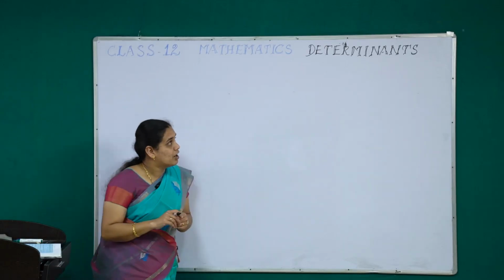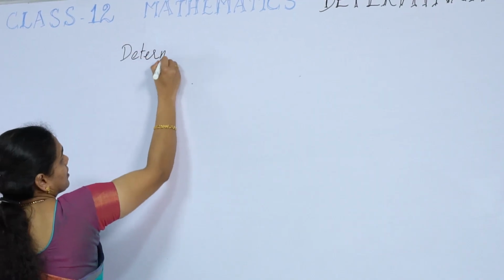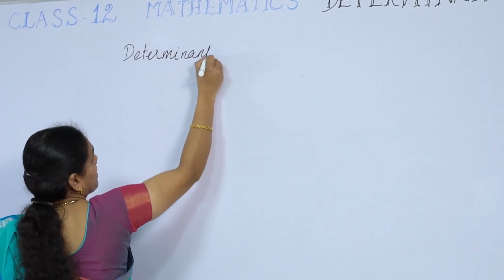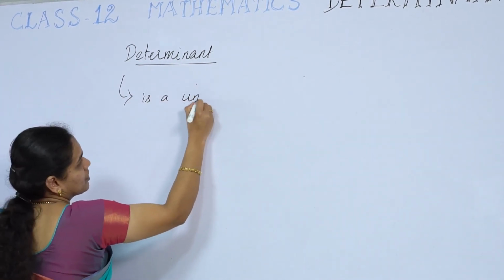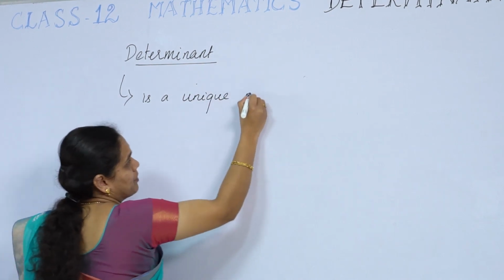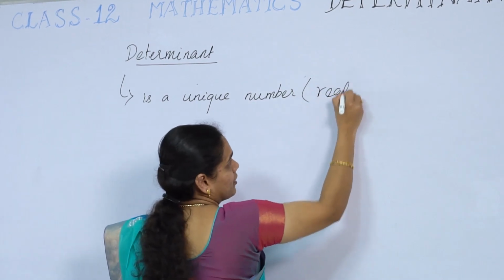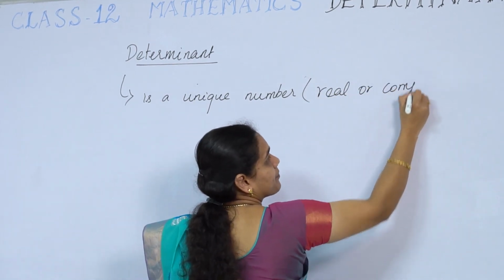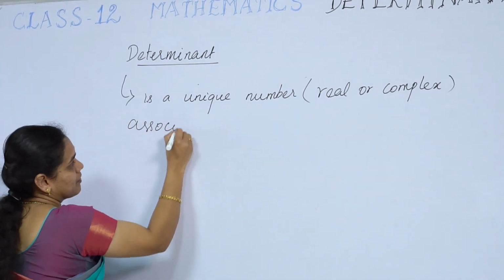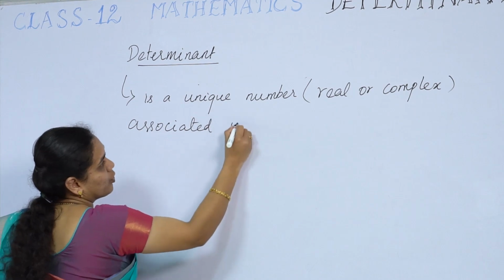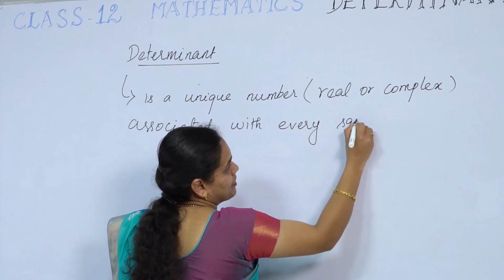Determinants. First of all, let's see what a determinant is. It's a unique number. It may be real or complex, associated with every square matrix.